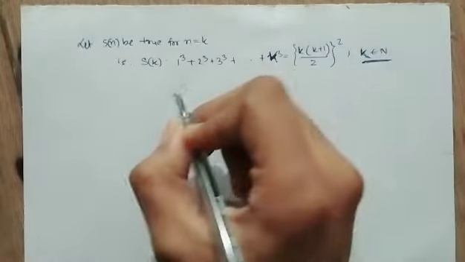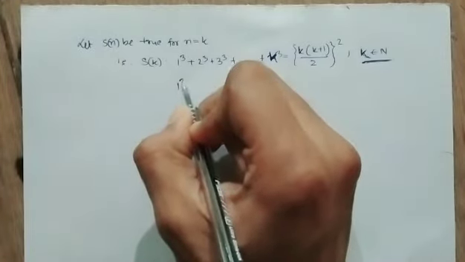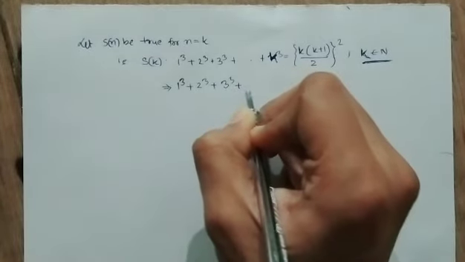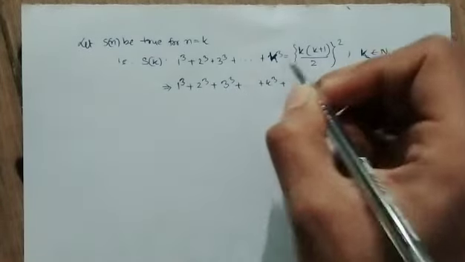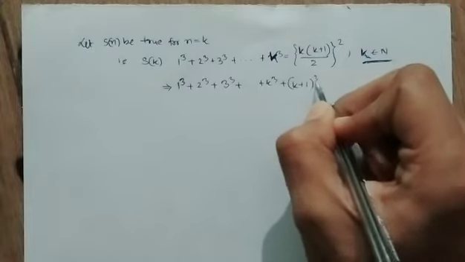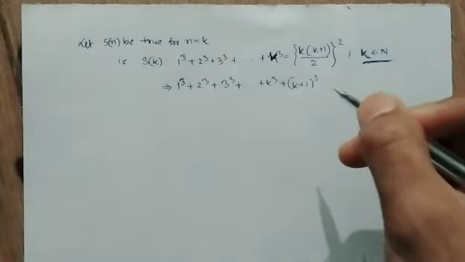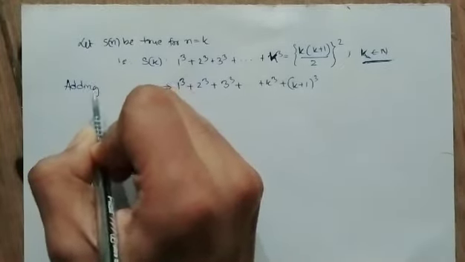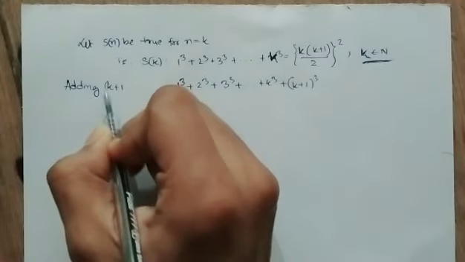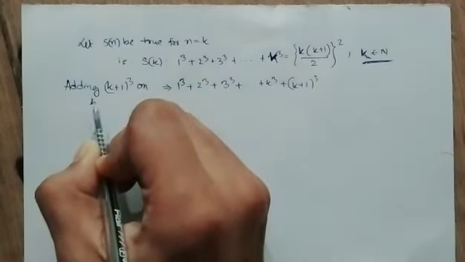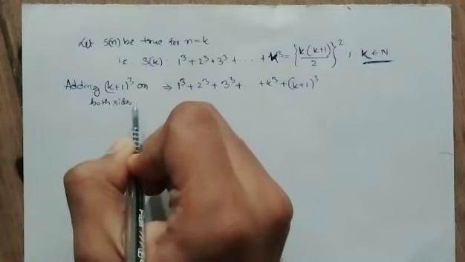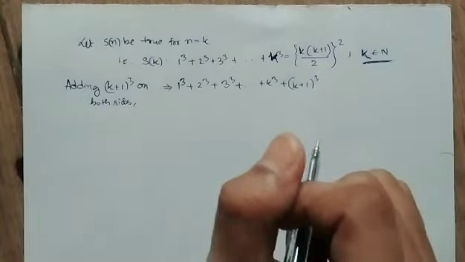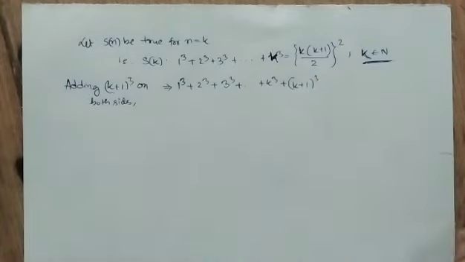So let's write 1 cube plus 2 cube plus 3 cube plus dot dot dot plus k cube plus k plus 1 cube. You must first write that we are adding k plus 1 cube on both sides, so that this statement becomes Sk plus 1.